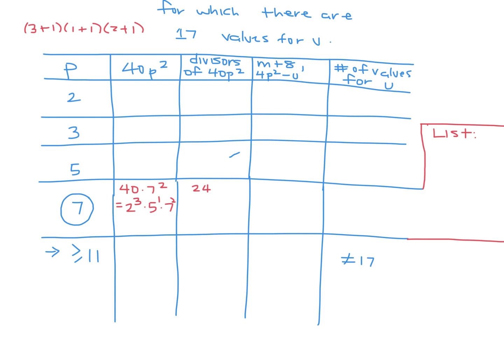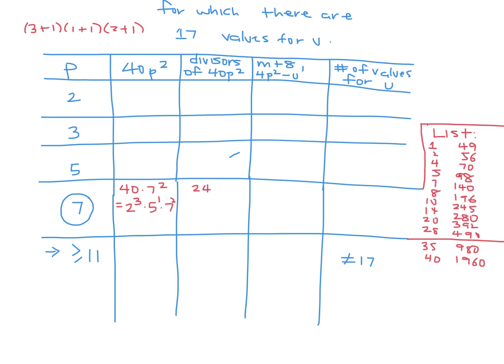Now, there's 24, so let's see if I can get them all here. 1, 2, 4, 5, 7, 8, 10, 14, 20, 28, 35, 40, and then 49, 56, 70, 98, 140, 196, 245, 280, 392, 490, 980, and 1960. Right? Okay, so those are the 24 divisors.